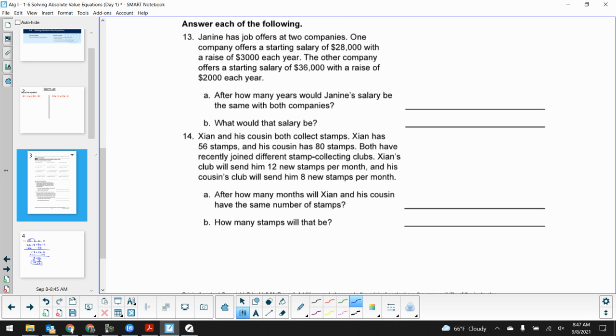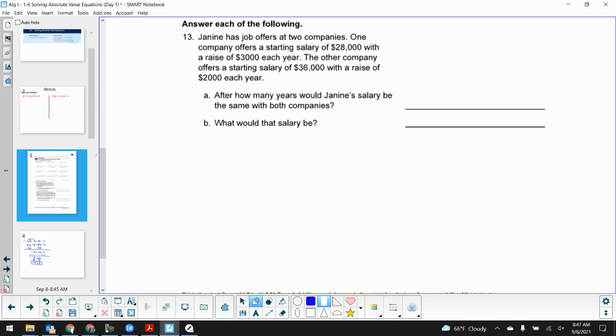Yeah, let's go over 13. If you miss number 13, it might be because the numbers got really big, and I'm going to show you a way around that. On the key, I did it with the really big numbers. However, look here. Janina has 2 job offers. The first one is a starting salary of $28,000. I'm going to make everything in terms of thousands.